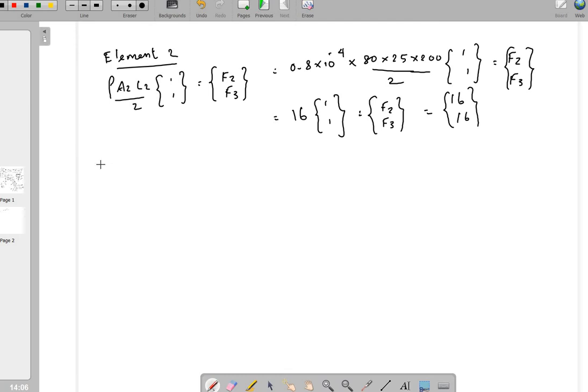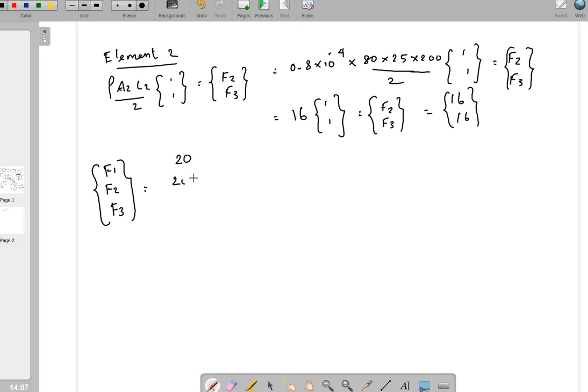So we have to assemble the force matrix. We have to assemble all the combined force vectors as F1, F2, F3 by considering the point load as well as the self weight. At node 1, there is no external point load, so directly F1 is the answer. For node 2, there are two forces from the separate elements.